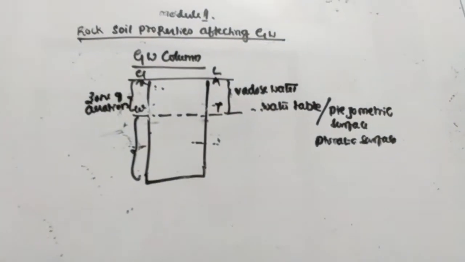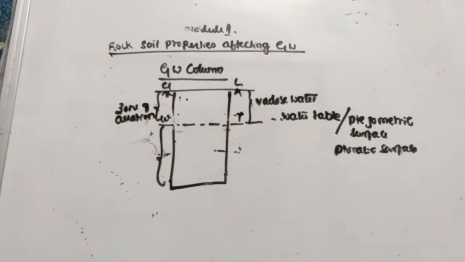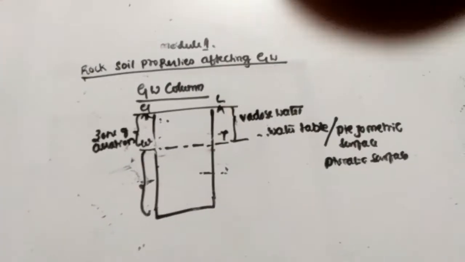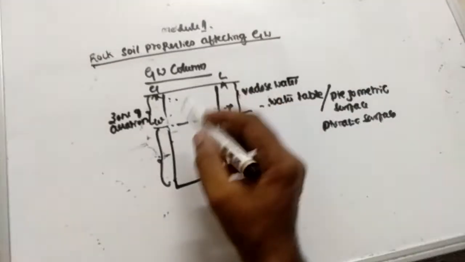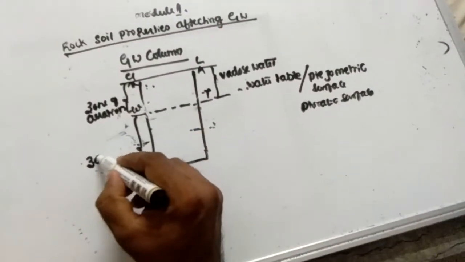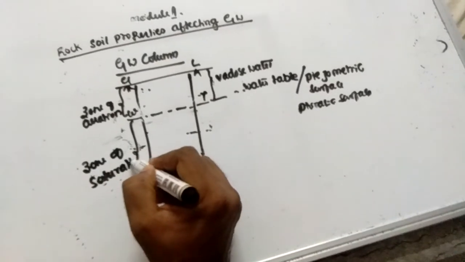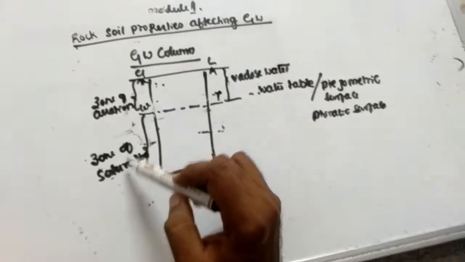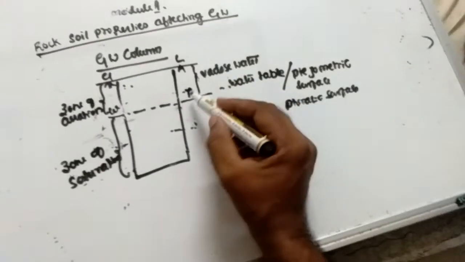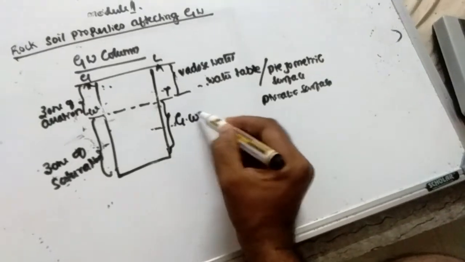If it is fully dry or fully unsaturated, water may not be available. The soil or rock column below the water table is known as the zone of saturation. Water which is available there is known as groundwater.